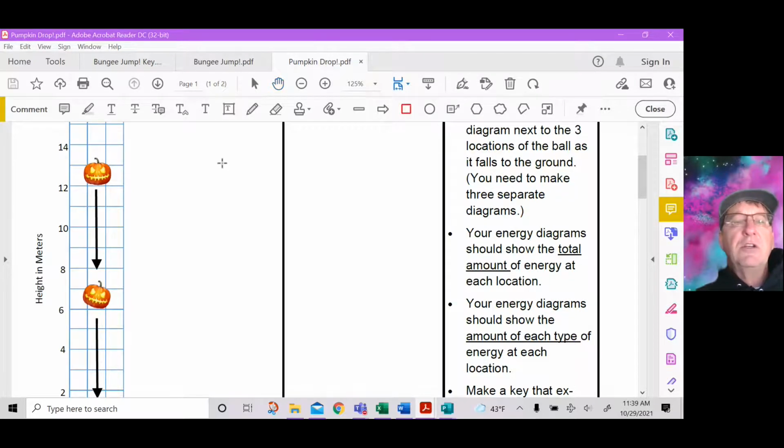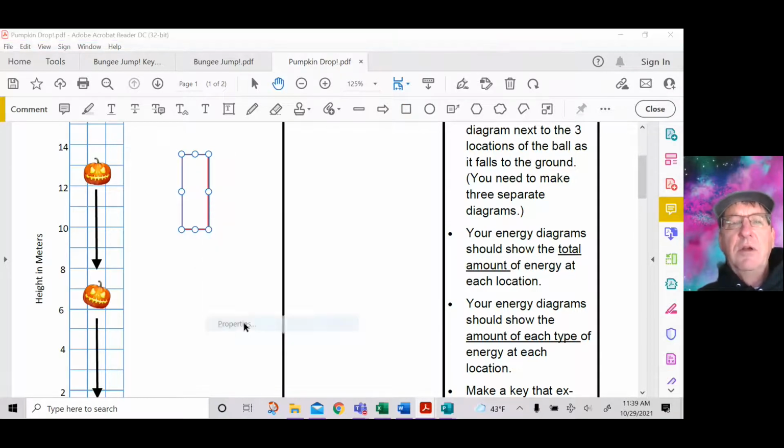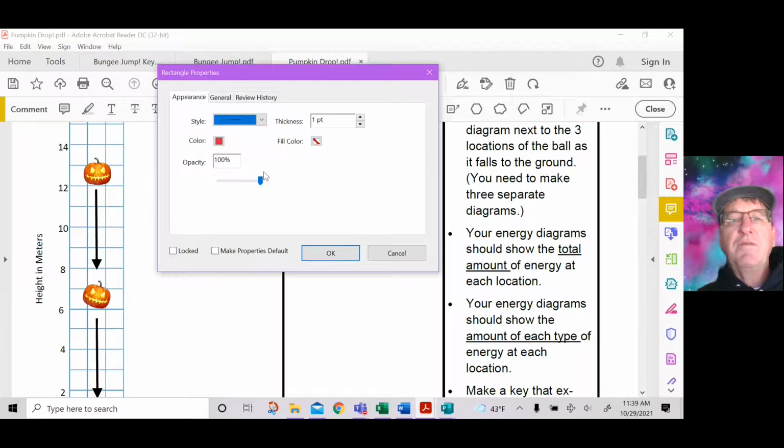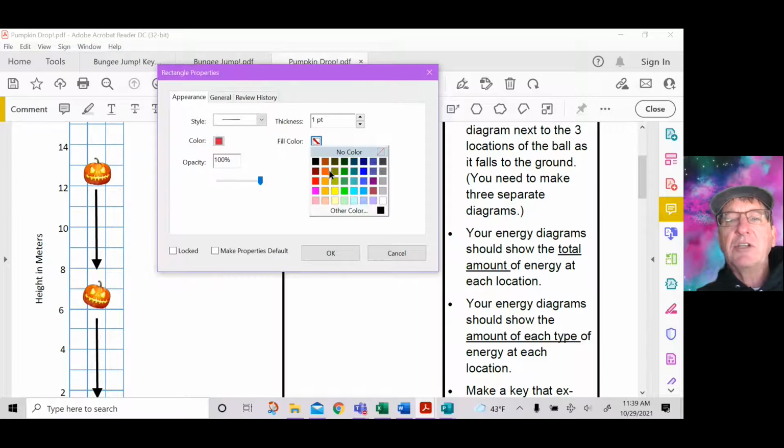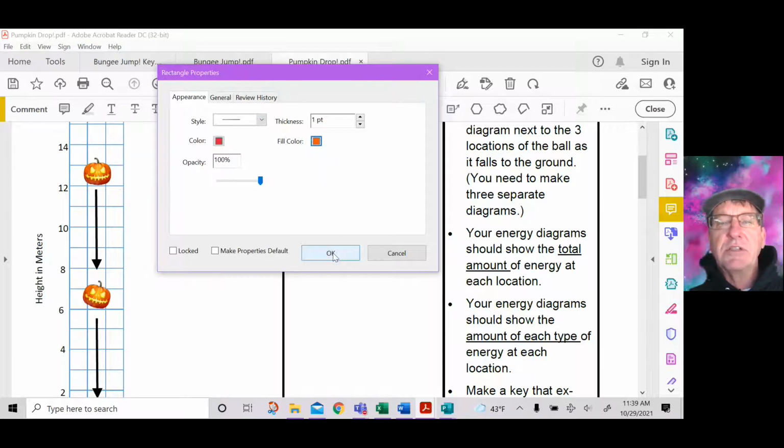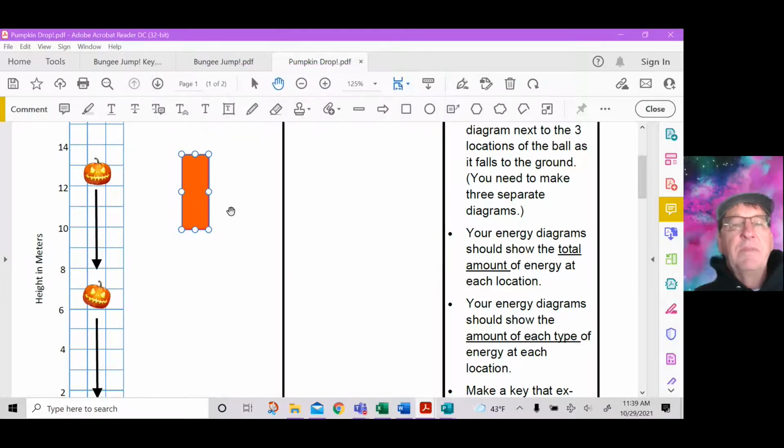I just want to remind you that an energy diagram is basically a rectangle, and you choose some color to fill it with. I did that by hitting properties. Oh, I should really go with orange since this is Halloween themed. So there's my first energy diagram.